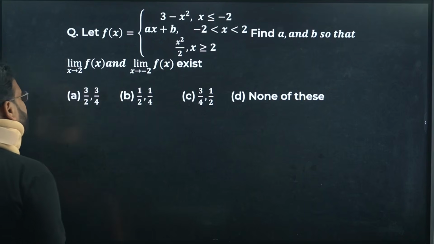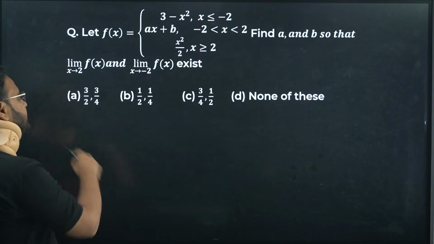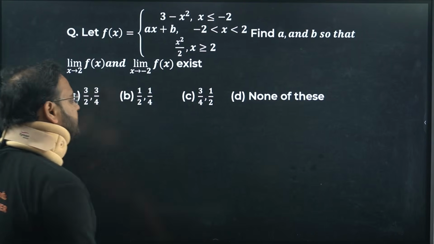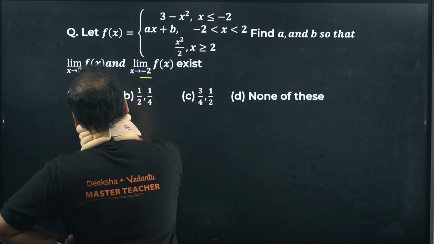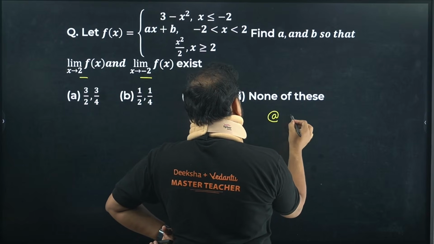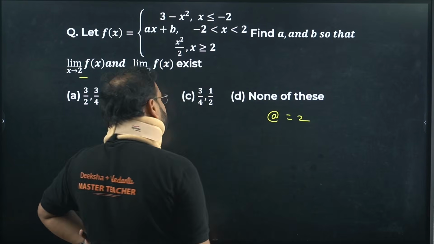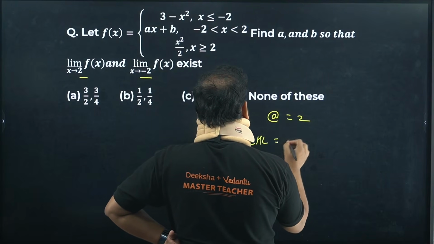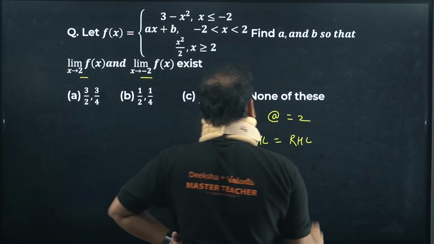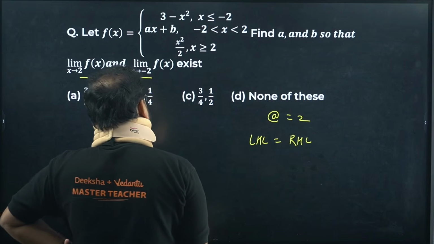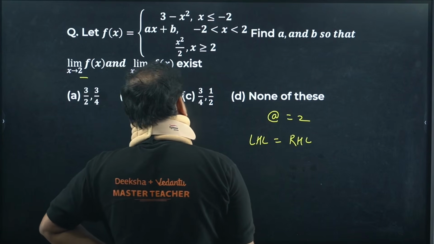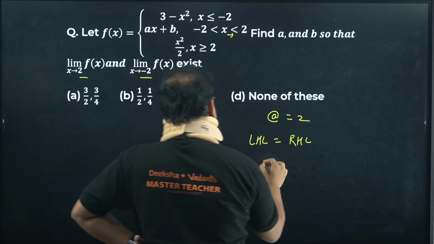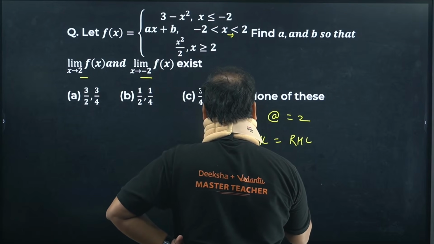Now, a question on this. We are supposed to find the values of a and b so that the limit exists. Limit exists means what, sir? At the points minus 2 and 2 both. If I talk about the point 2, we have this understanding: LHL should be equal to RHL. For LHL at 2, I put 2 in this expression, so 2a plus b.